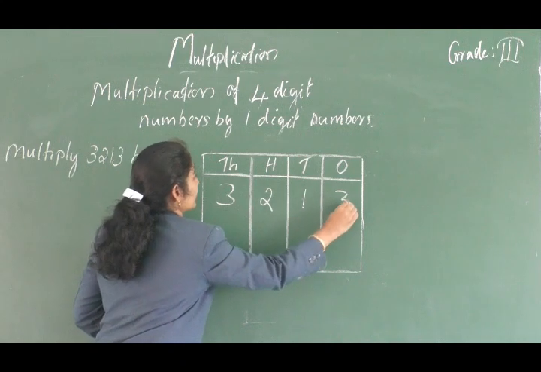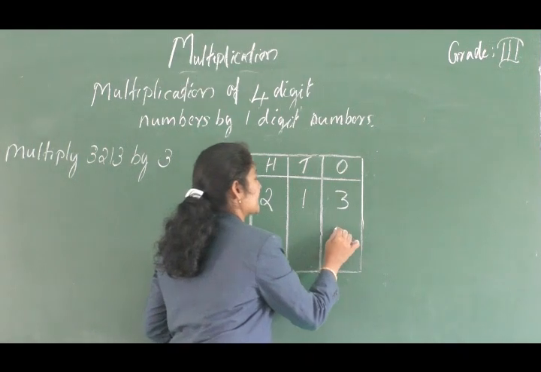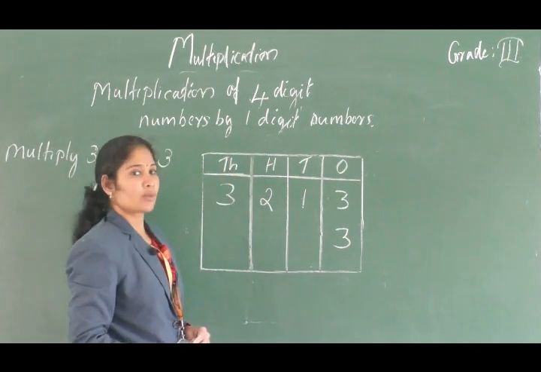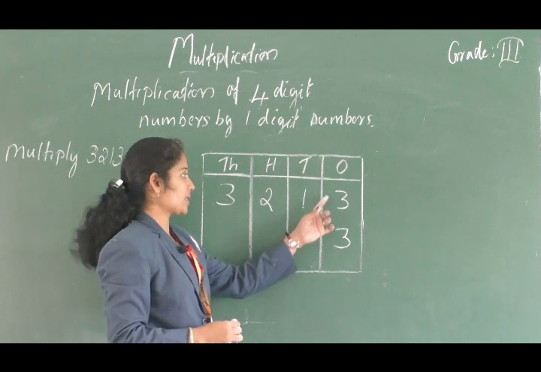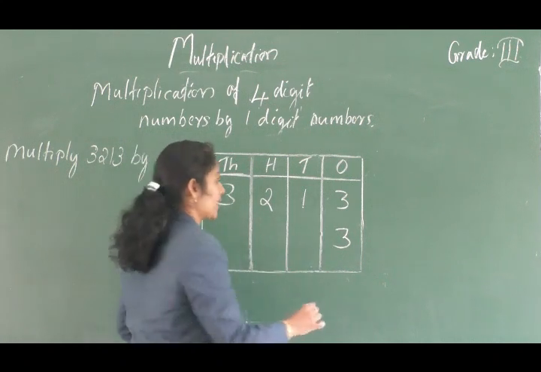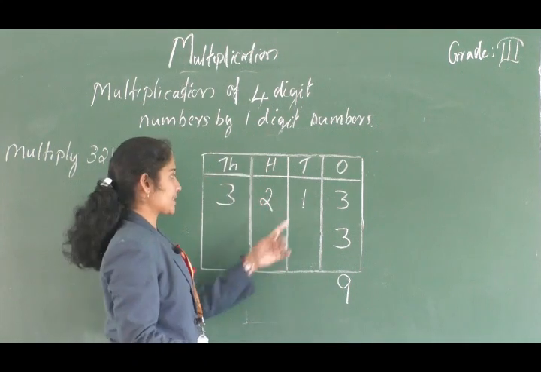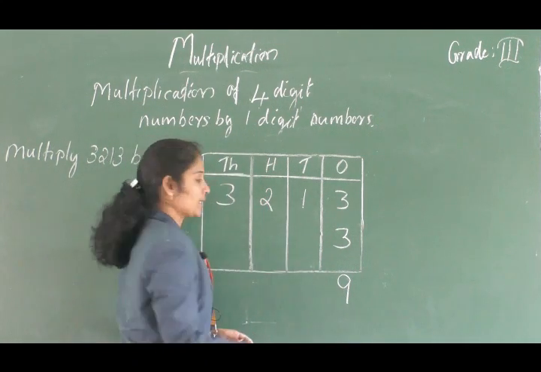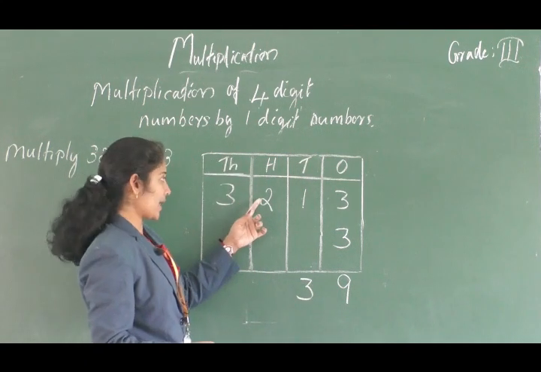3213 is the multiplicand. Our multiplier is 3. So first we have to multiply ones place. So 3 ones into 3, 9. Next which place? Yes, tens. 1 tens into 3, 3. Next which place? Yes, hundreds place.